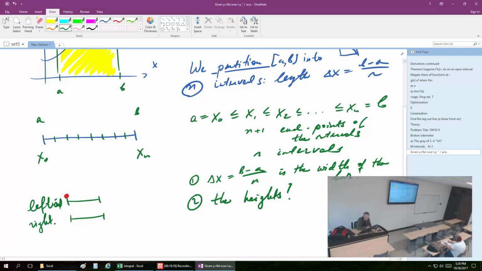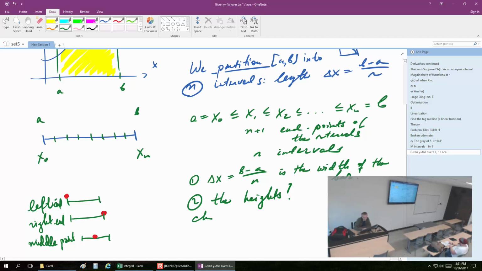So left end, right end, or a point in the middle as well. But generally we don't impose a restriction, and they are simply arbitrarily chosen. We call them sample points.